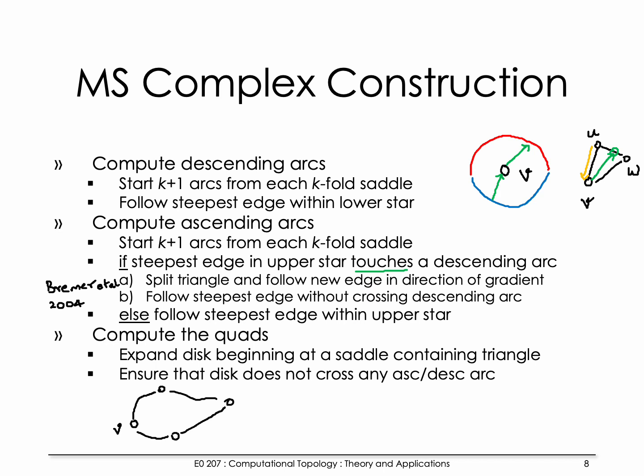So V and V prime are two saddles, and it is attached to a minimum and a maximum, little m and capital M, right? So what I've drawn here is a quad in the Morse-Smale complex. We have already computed all these arcs. So now we need to find the different quads.